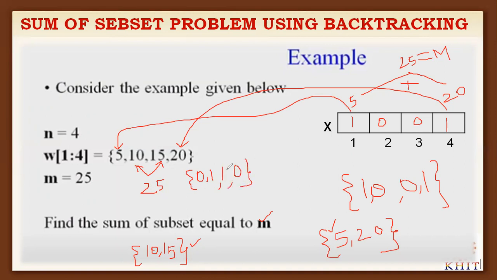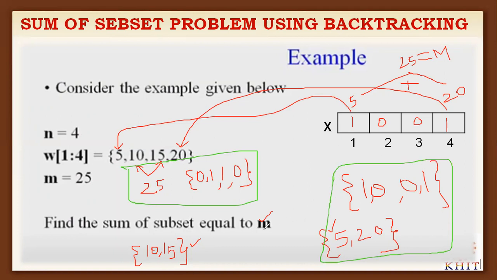If you select the elements 0, 1, 1, 0, the sum of subset values is equal to m. And finally, you will get two solutions. This is the first solution, the sum is 25. And this is the second solution, the sum is 25. So in this way, you can find all possible solutions.